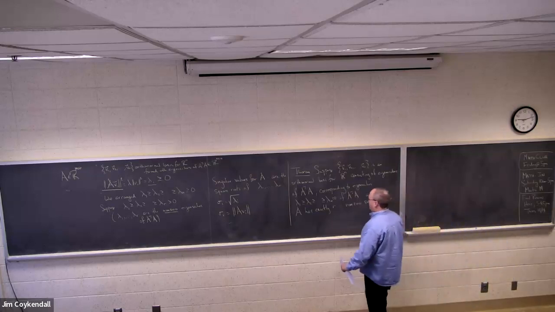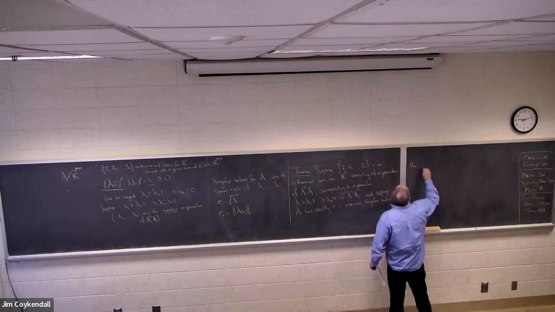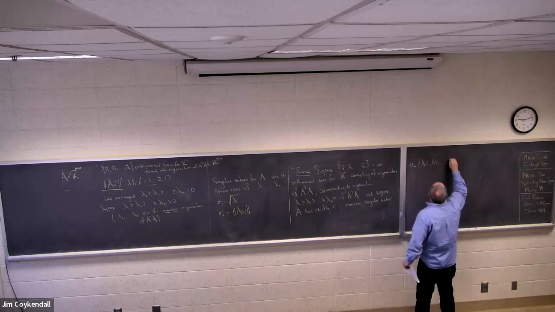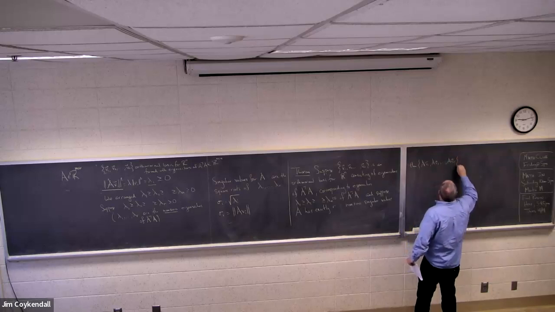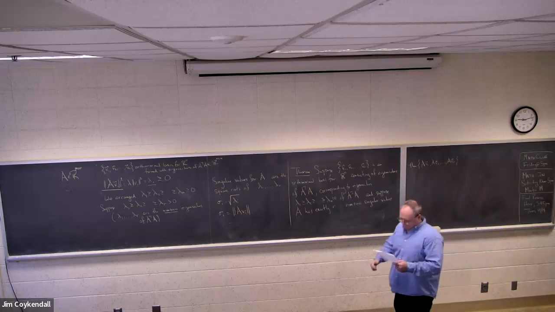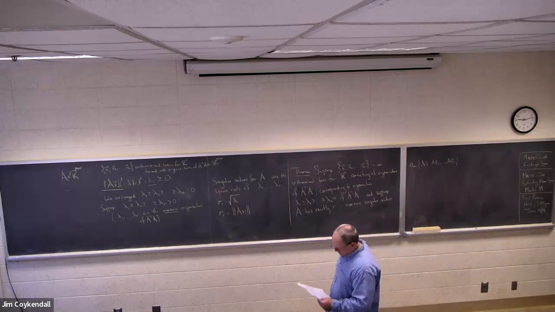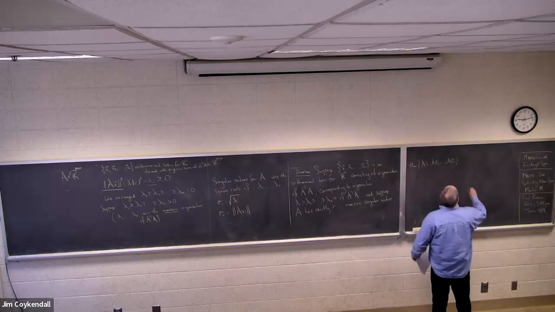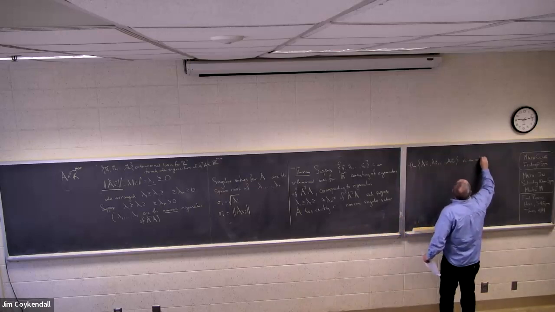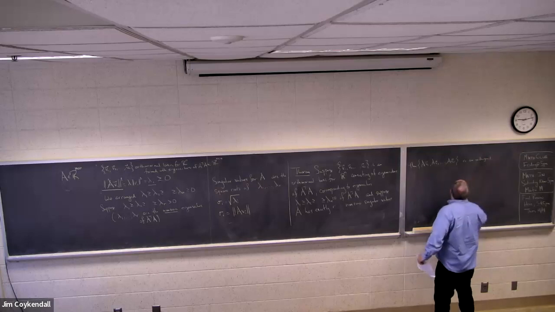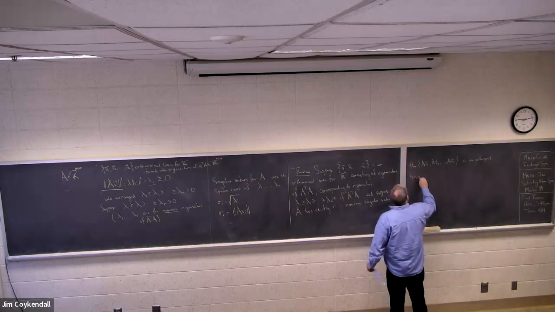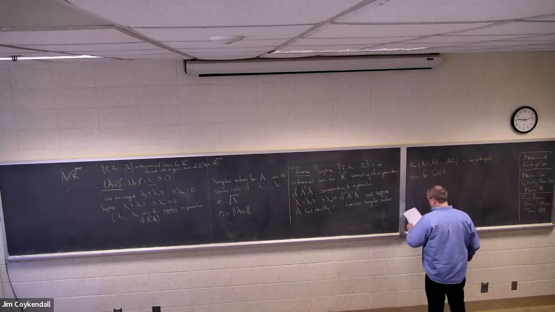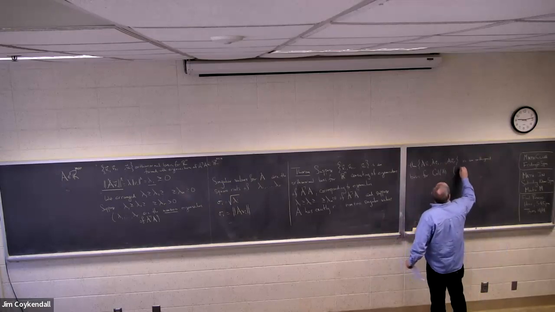Then A v1, A v2, up to A vr is an orthogonal basis for the column space of A. That is to say, the rank of A.